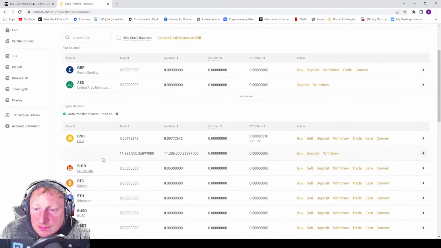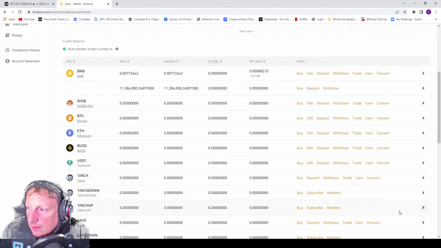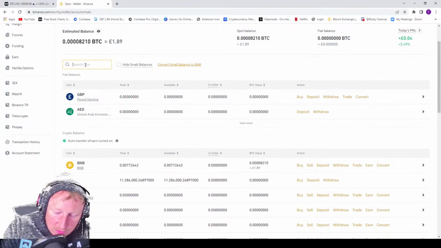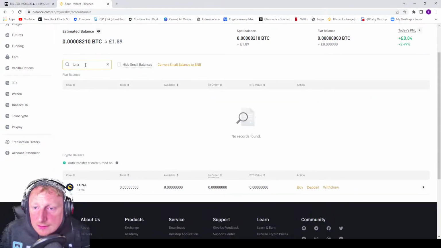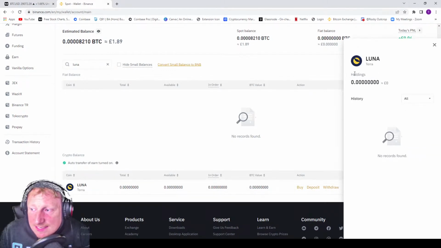Yep, it's gone. If I scroll down, in fact, I think I can see all, can't I? Search for a coin. Luna. There it is. It says 0. Now I should have 2.32 million coins, but I haven't.